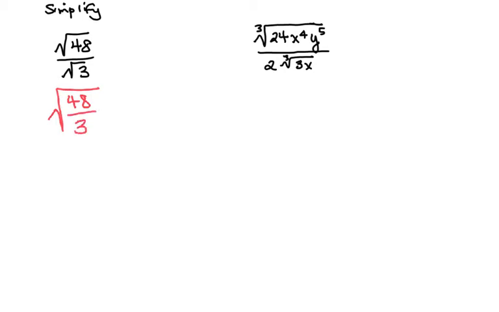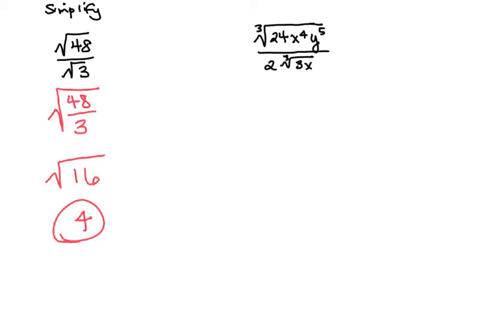Now 48 divided by 3 is 16, so we have the square root of 16, and the square root of 16 is 4. So that simplifies to 4, and that's something we would have had a harder time doing if we had left them like that. It would have still worked, but it would have been harder. Okay.